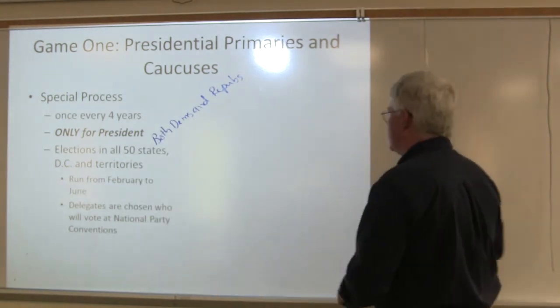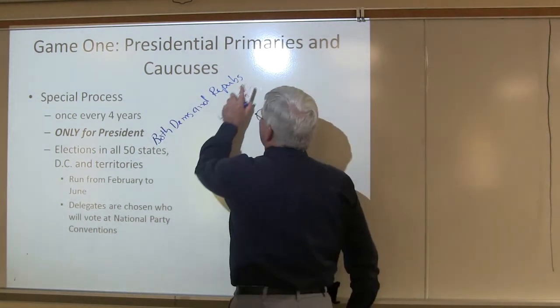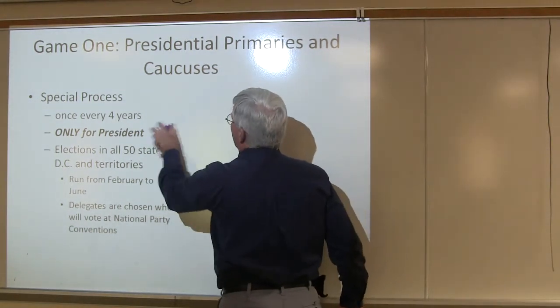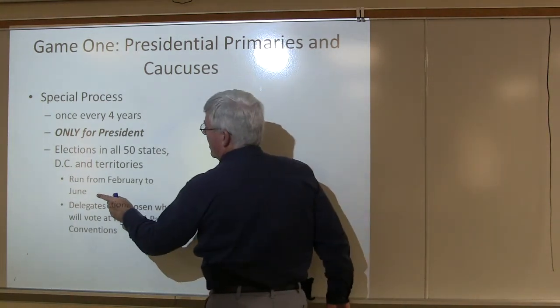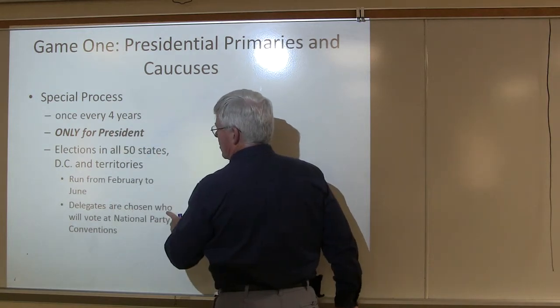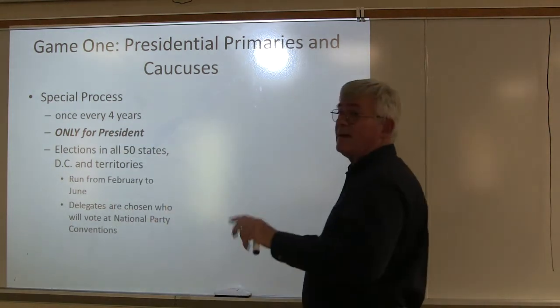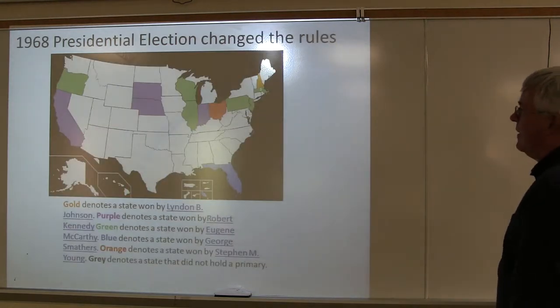Now, they are called indirect primaries or preference primaries because you're not really voting for the person, you're voting for delegates, and delegates who are going to go and vote for that candidate at the national party conventions. All right.